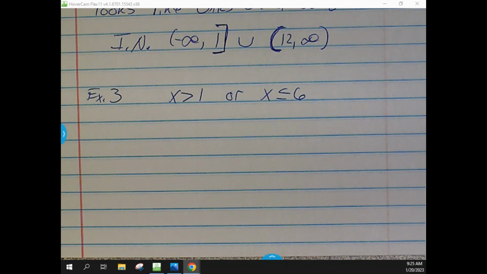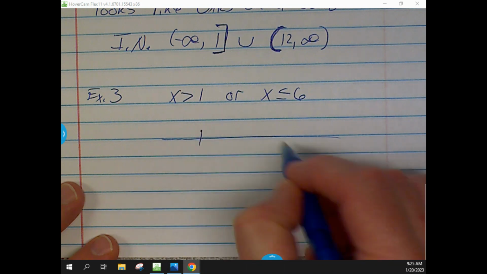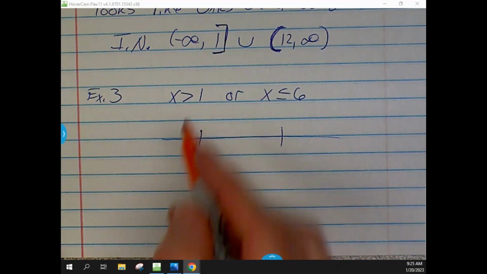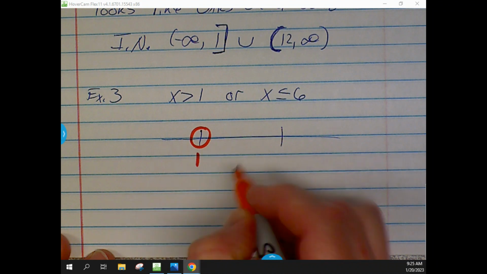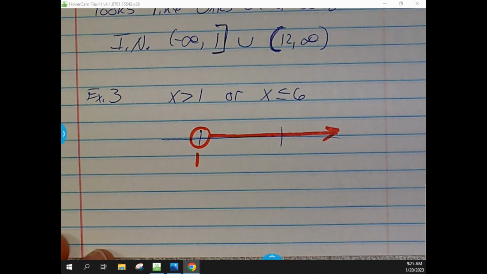Because you may get one like this where x is greater than 1 or x is less than or equal to 6. If you graph this one, we graph what's on the left. We've got everything greater than 1 going that way.